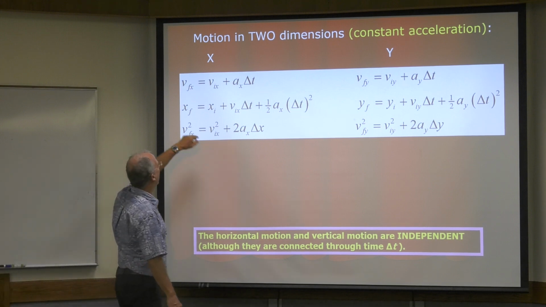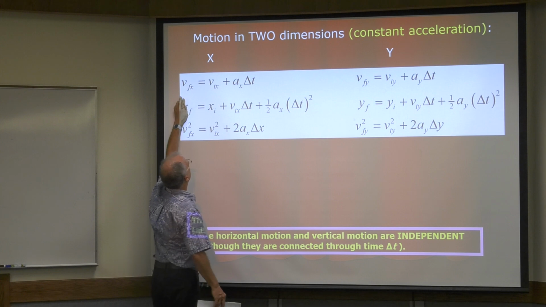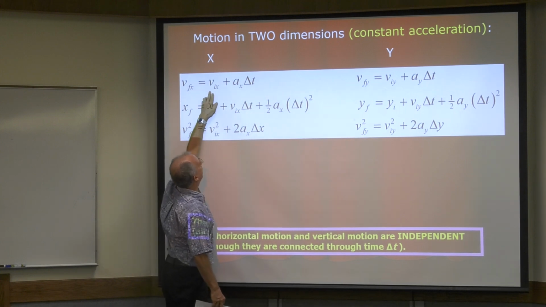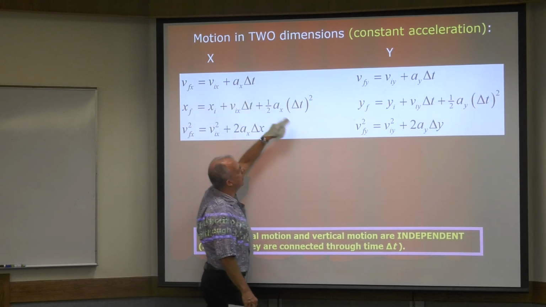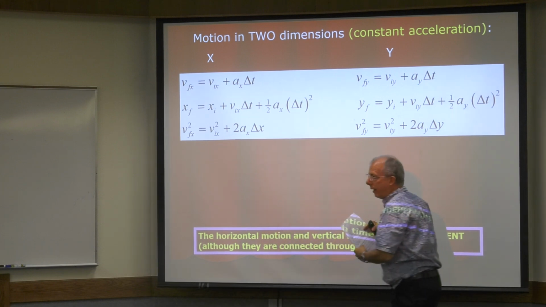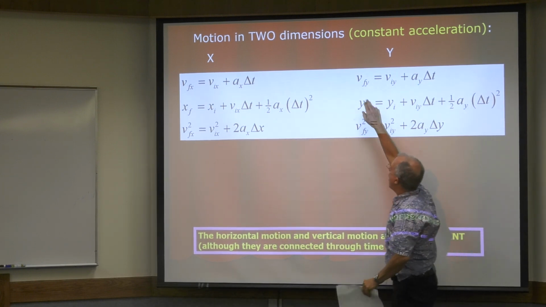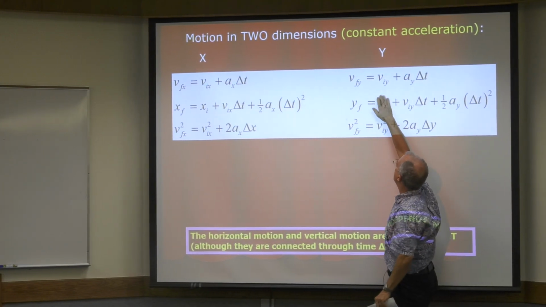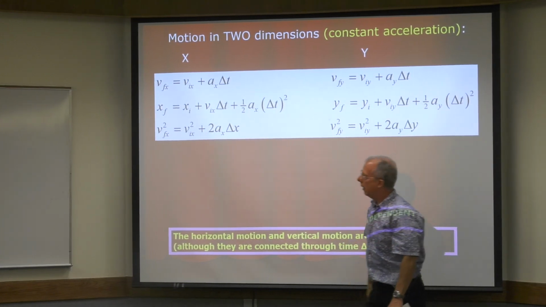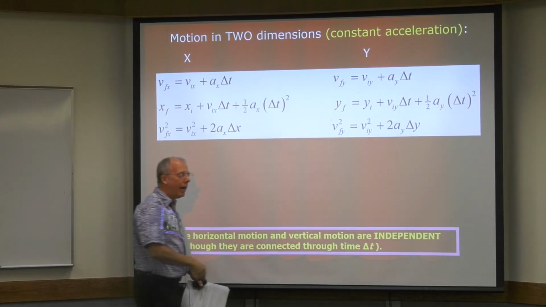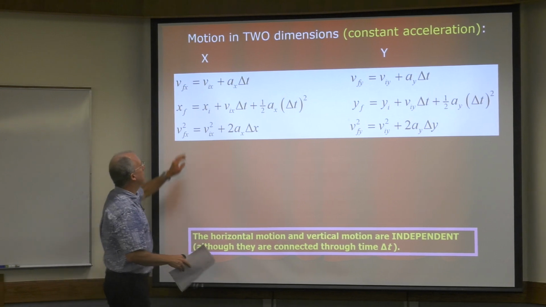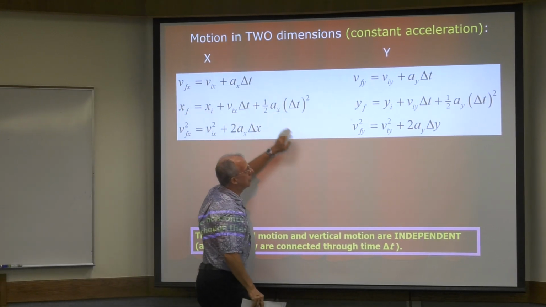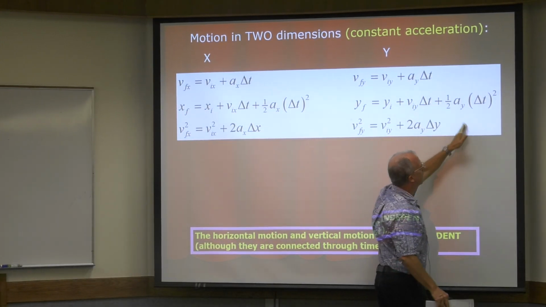So this is velocity final x equals velocity initial x plus ax delta t. Well, we want the y equation: velocity final y equals velocity initial y plus ay delta t. So they're exactly the same, except everywhere there's an x, we put a y.